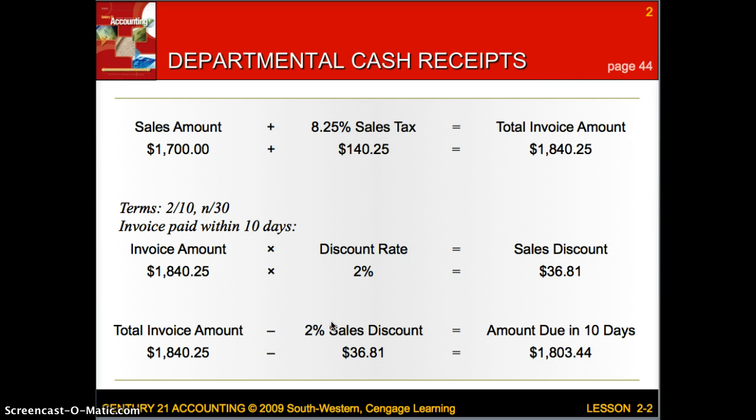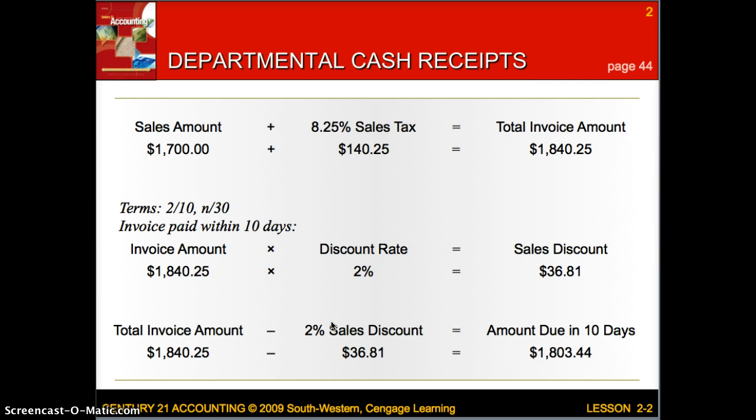A lot of times we use 7%. In this case we use 8.25%. So we're going to take our sales amount and add in our sales tax, which would be 1,700 times 0.0825, we get 140.25. When we add those together, we know that our total invoice amount is 1840.25.